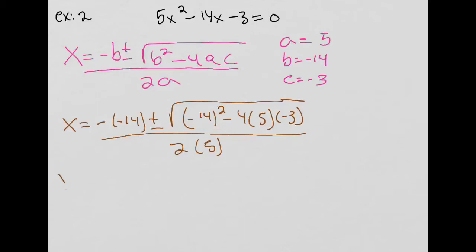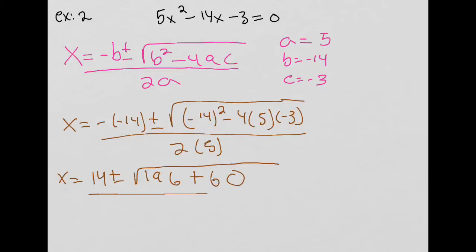Okay, let's simplify the signs. Negative times negative is a positive. And 14 squared is 196. And then we have negative 4 times 5 times negative 3, which gives me positive 60. 2 times 5 is 10.